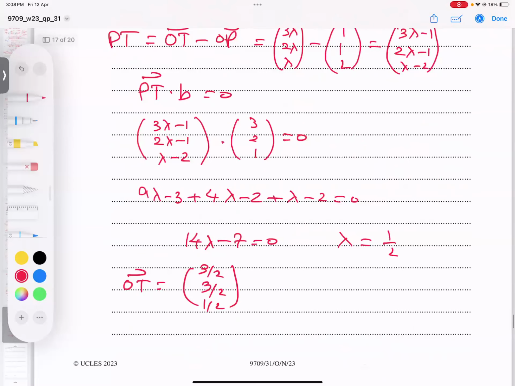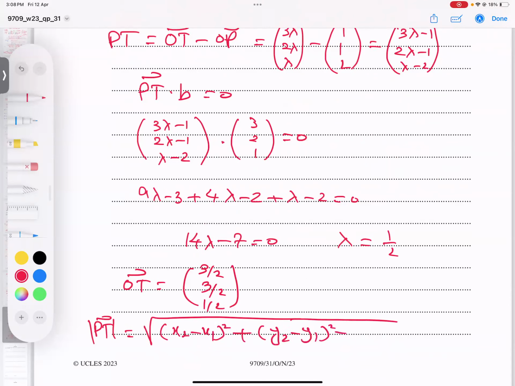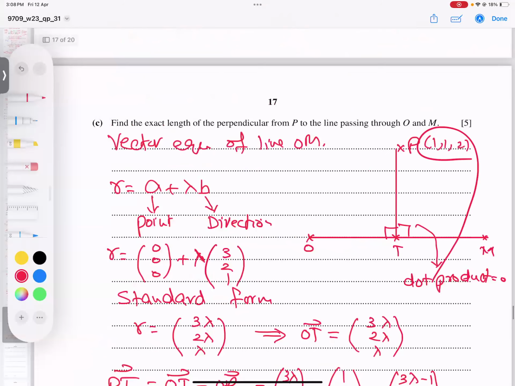And how to find the distance? The distance formula is nothing hard. PT magnitude, you know the basic formula: x2 minus x1 whole square plus y2 minus y1 whole square plus z2 minus z1 whole square. So I have the P coordinate, what, student? 1, 1, 2.